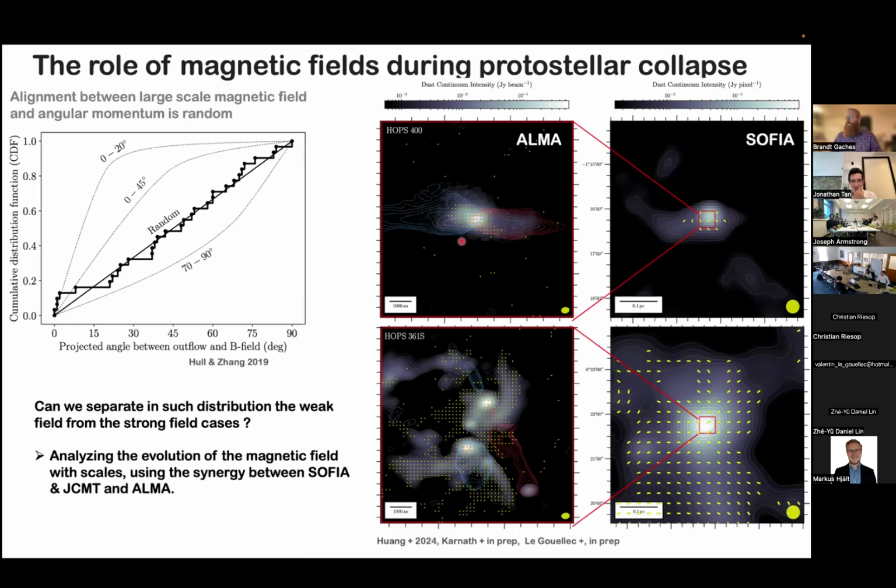In the envelope of class 0, as I said, we tend to probe dust grains that grew at least up to a few tens of microns, and class 1 disks have been shown to have a few tens to a few hundreds of microns in maximum grain size, and ALMA data of class 2 disks, which are very abundant and precise, usually claim several millimeters of maximum dust grain size.